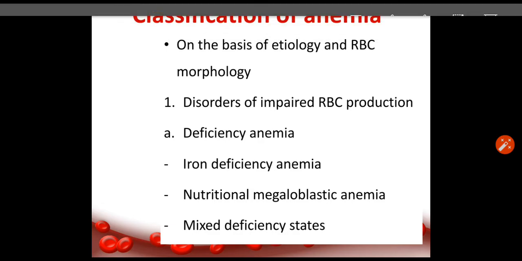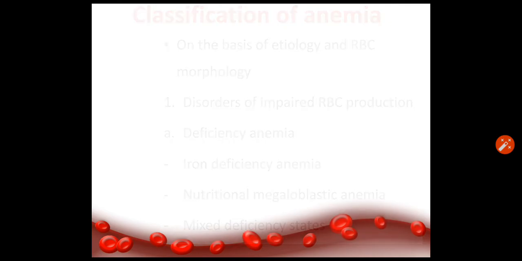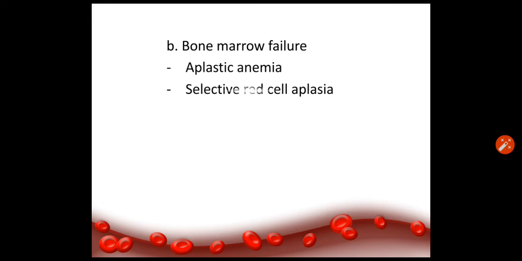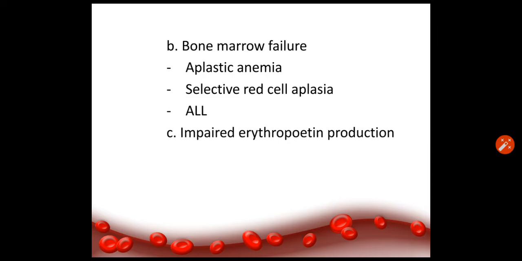So all these conditions can lead to anemia because of impaired RBC production. The second category of disorders in impaired RBC production is bone marrow failure. It can be because of aplastic anemia, selective red cell aplasia, and acute lymphocytic leukemia. So these conditions are because of bone marrow failure and lead to impaired RBC production. The third category is impaired erythropoietin production.